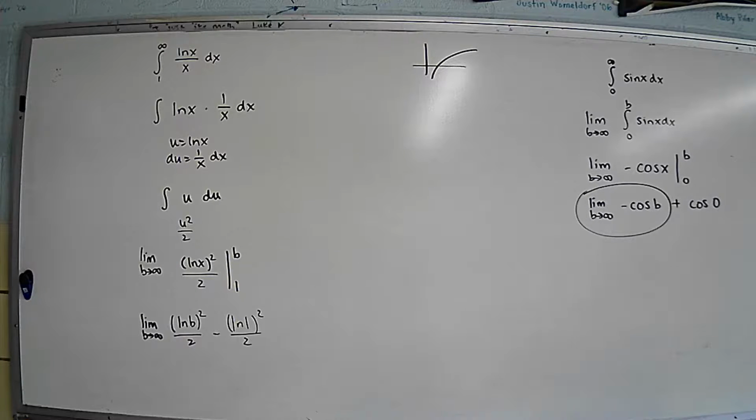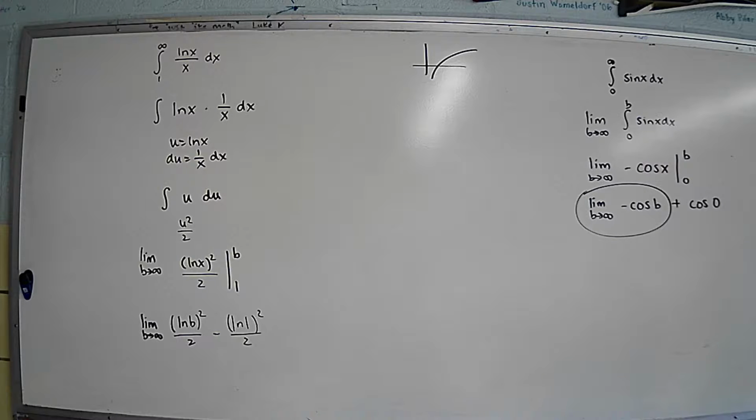Now, it is true that the derivative of natural log of x does approach 0. What does it mean if the derivative is approaching 0?